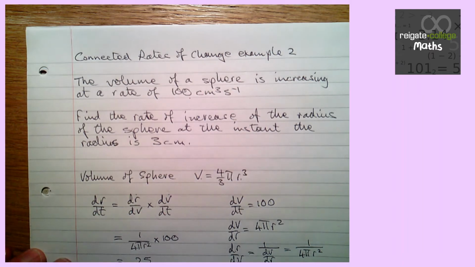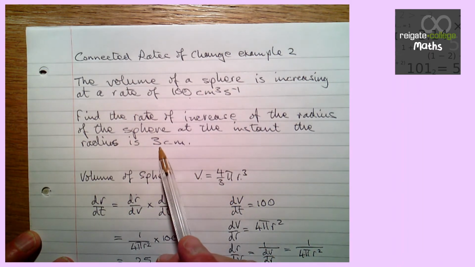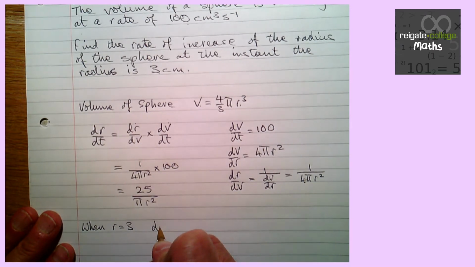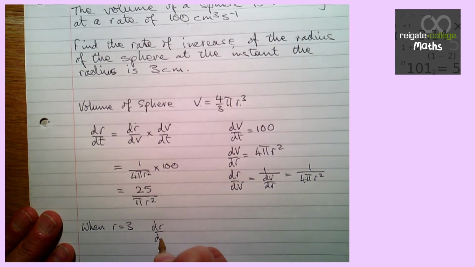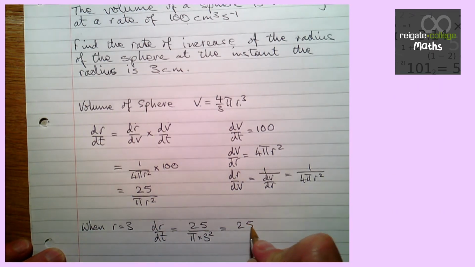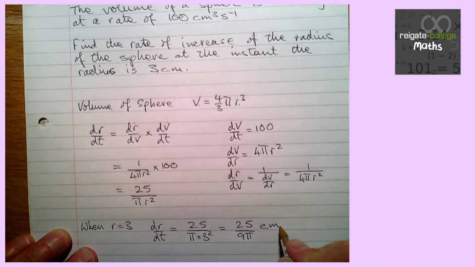And then we want to find the value at the instant when the radius is 3 centimeters. So when r equals 3, dr by dt is equal to 25 over pi times 3 squared, which is 25 over 9 pi centimeters per second.